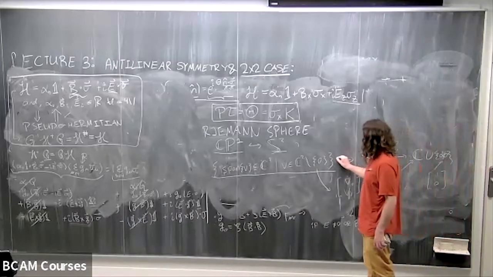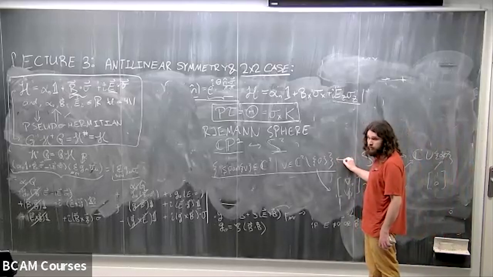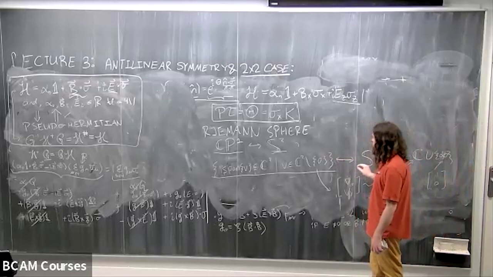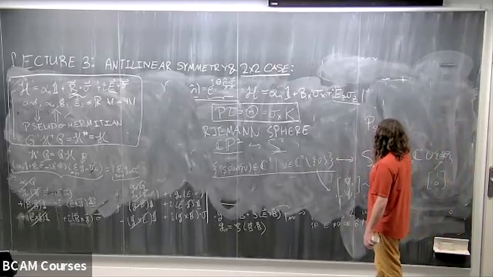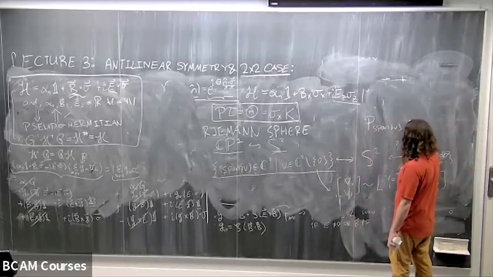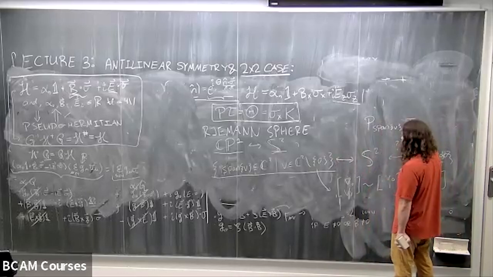So I can give you an explicit formula for this homeomorphism. I can define the orthogonal projection onto span V, and then take the Hilbert-Schmidt inner product of this with the Pauli vector.